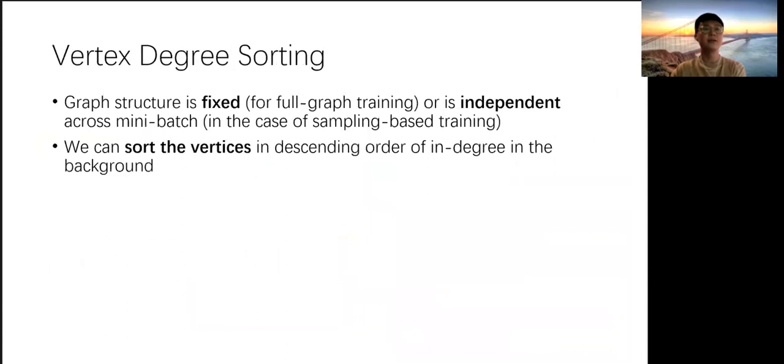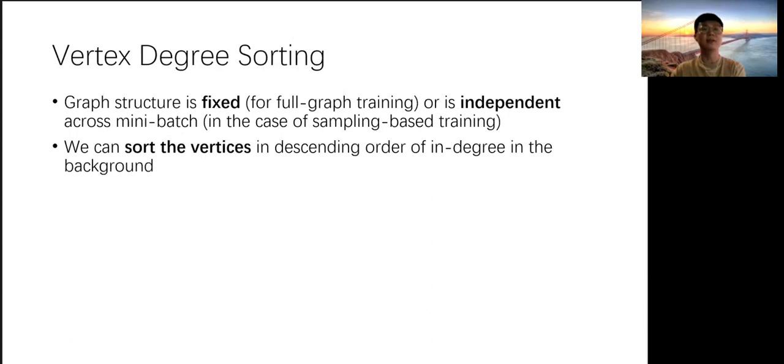To further reduce workload imbalance, we introduce vertex degree sorting. Our key observation is that in GNN training, graph structure is either fixed or is independent across mini batches. So we can sort the vertices in the background in their descending order of in degree.